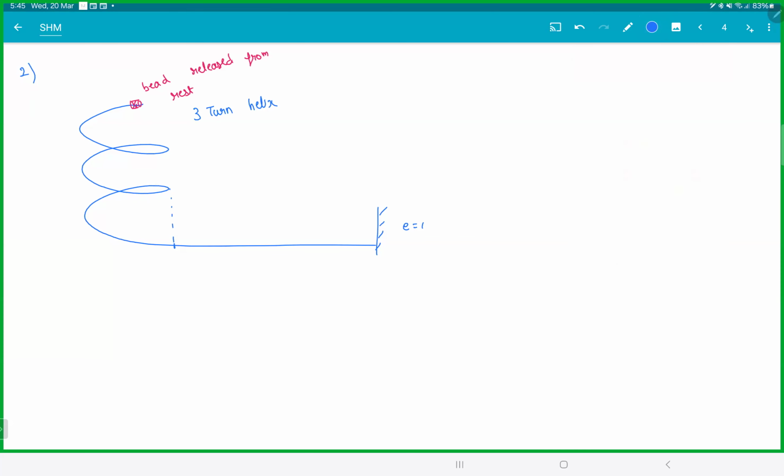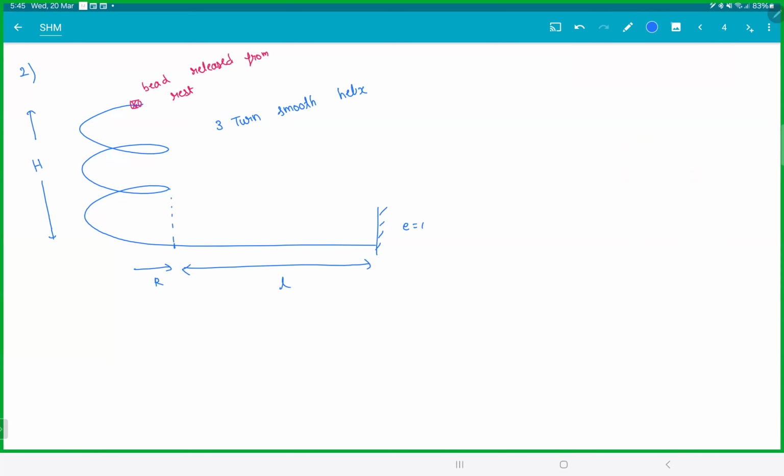So this is a 3-turn smooth helix. Height of the helix is h. The radius of the helix is r. And this length is L.